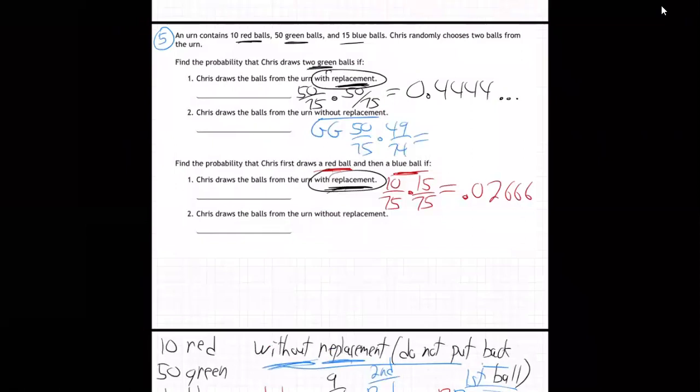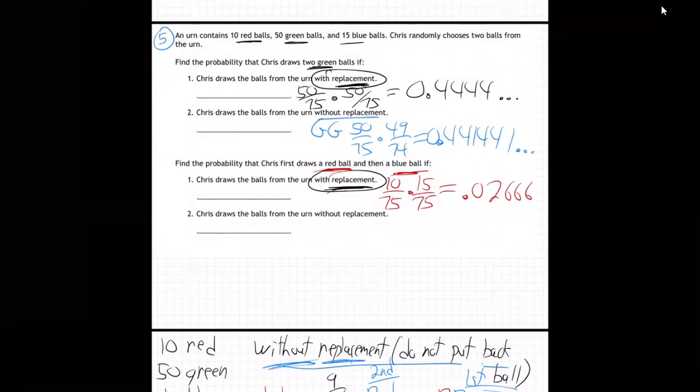Hit the buttons on your calculator. And I'm getting 0.441441. That's plenty of digits.